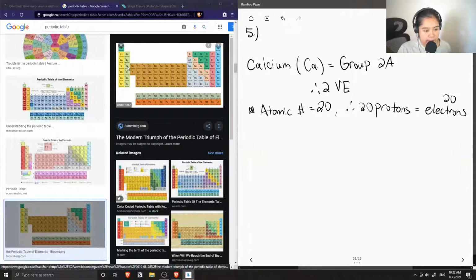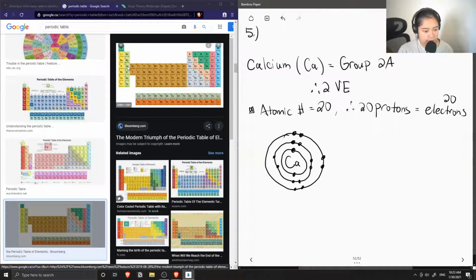Now if we try to sketch out an atom of calcium, we can show that its inner ring will have 2 electrons, and then the next ring will have 8, and then the next ring will have another 8.